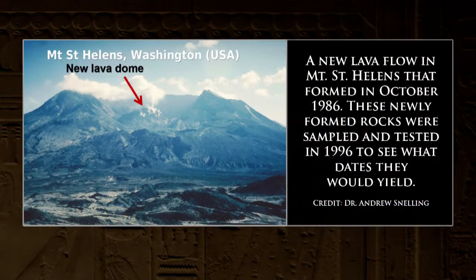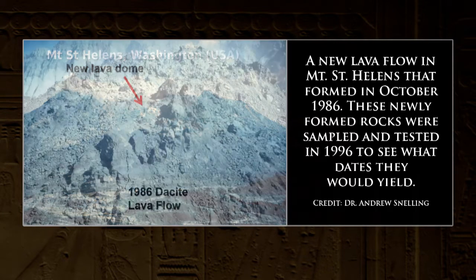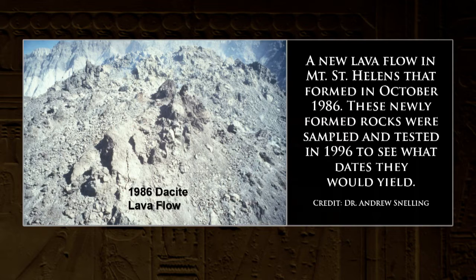And so a colleague of mine went up into the crater and took a sample in 1994 of the lava flow that erupted in 1986, October 9, and then he sent it to the lab in 1996. So by that time, that rock was only 10 years old based on observation, watching it flow and crystallize and cool.